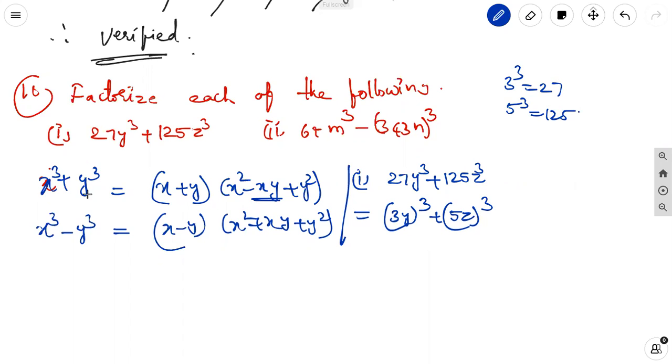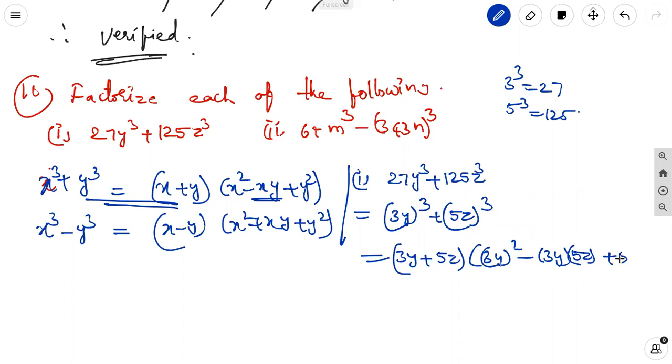What is the formula of x cube plus y cube? x plus y into x square minus xy plus y square. What is x? 3y. What is y? 5z. So 3y plus 5z into 3y whole square minus 3y into 5z plus 5z whole square.